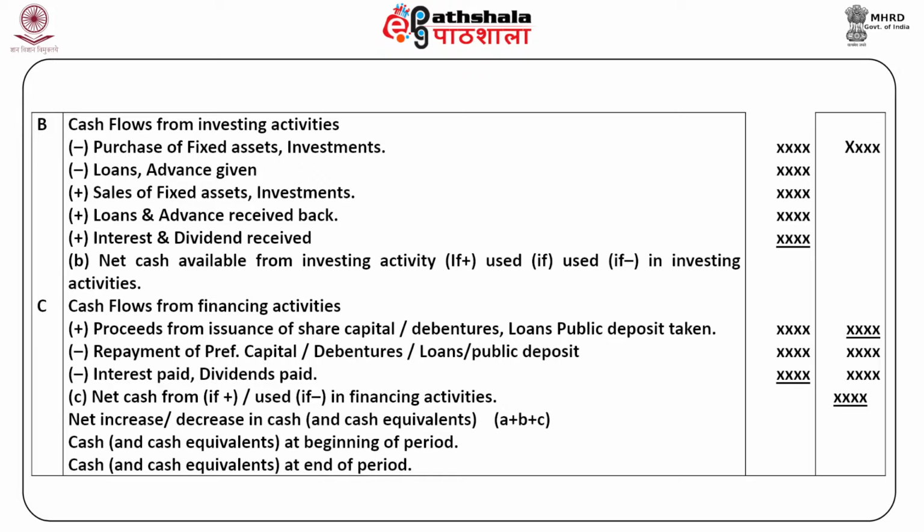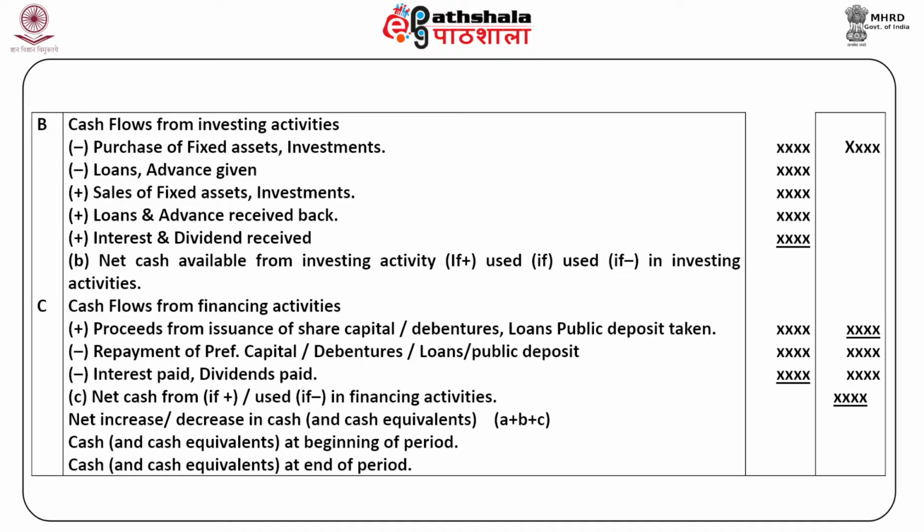Add back loans and advances received back. Add interest and dividend received. Net cash available from investing activity if a plus sign, and net cash used in investing activities if a minus sign.